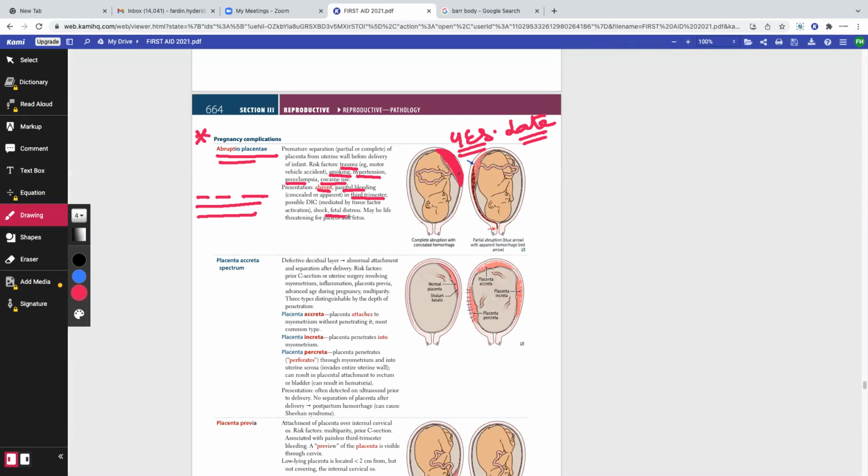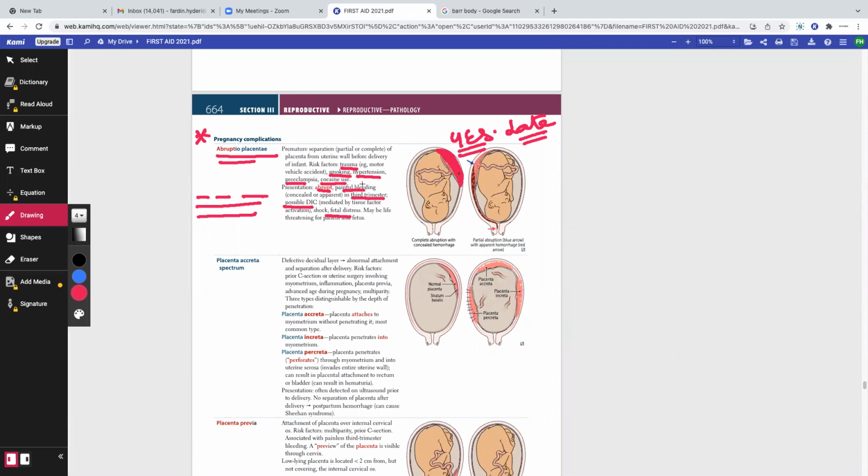Another thing is that whenever we have a placental abruption, or whenever we have placental substances reaching the maternal circulation, for example, if a little bit of the amniotic fluid or a little bit of the phospholipids of the placenta reach the maternal circulation, can we expect that amniotic fluid and phospholipid to induce disseminated intravascular coagulation in the mother?